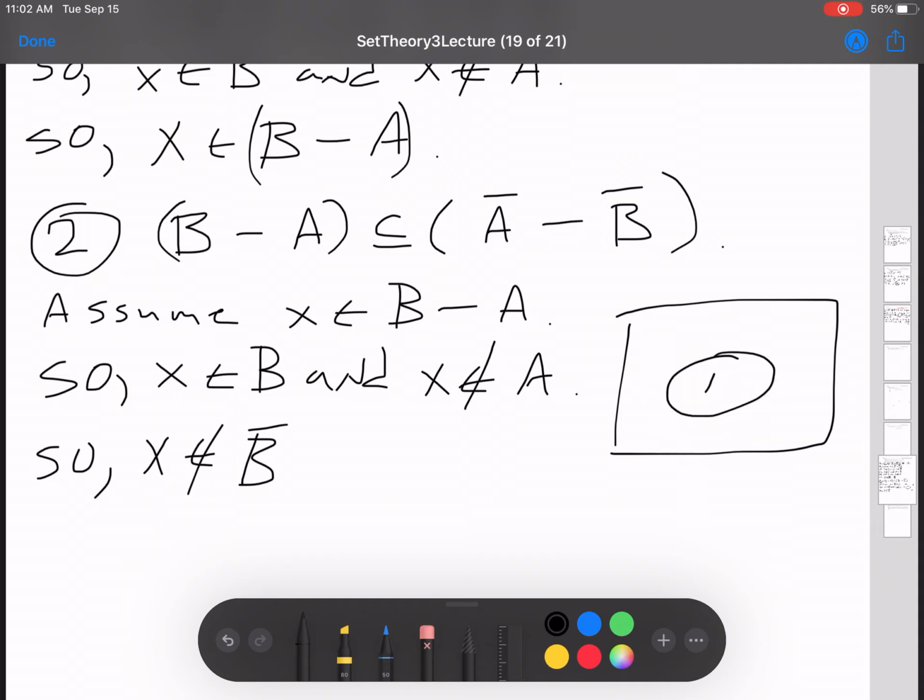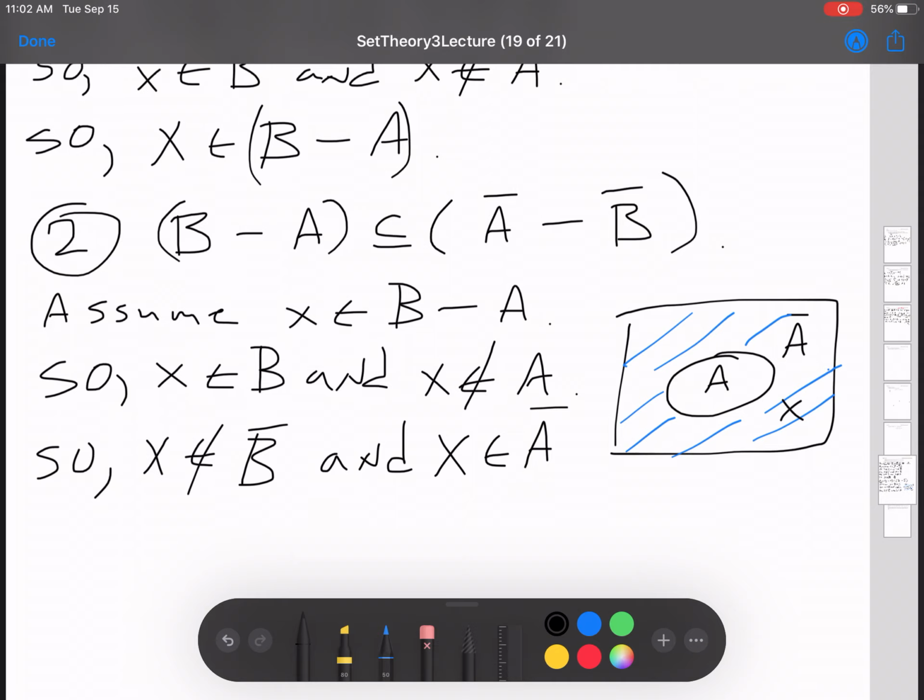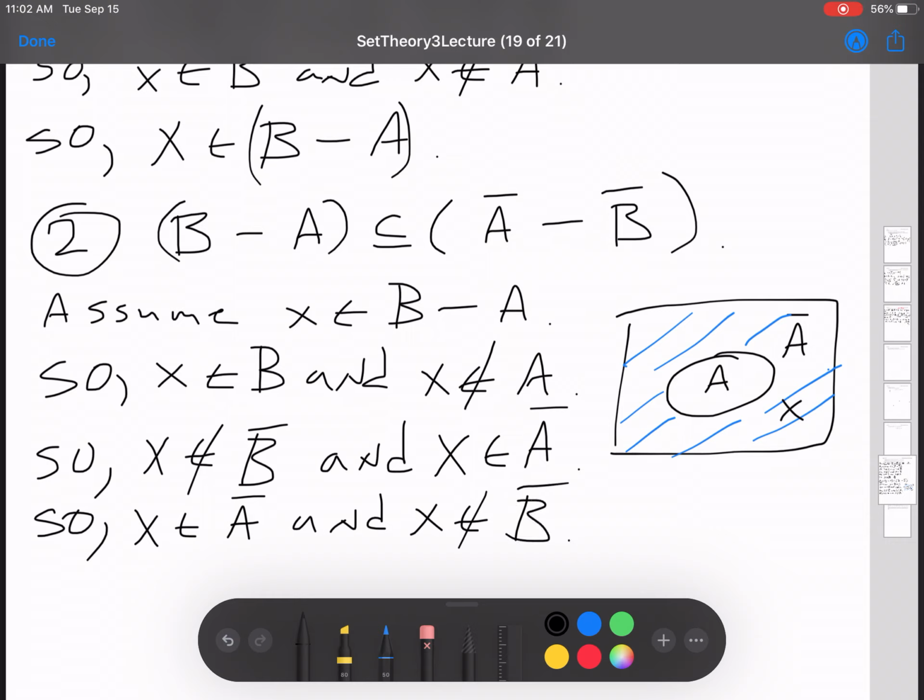Similarly, if you're not in A, then you've got to be in A complement. And that's the proof.